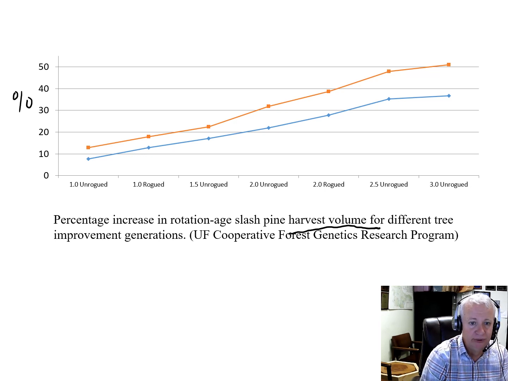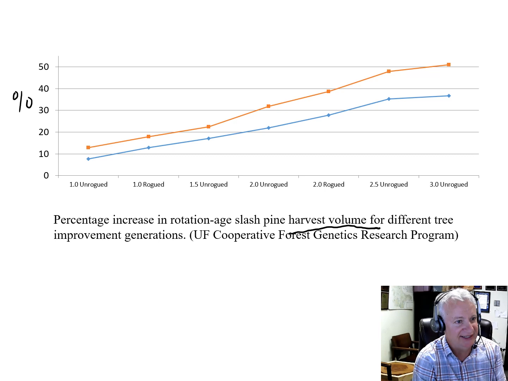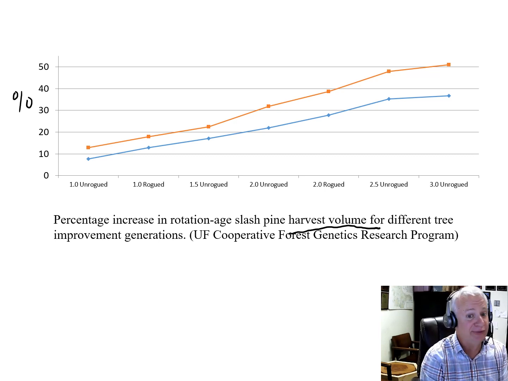The blue is basically individual trees, how much faster do they grow, and the orange takes into account the fact that those improved trees are also rust resistant, so there's better survival in plantations. So that's sort of the fully realized effects of genetic improvement.